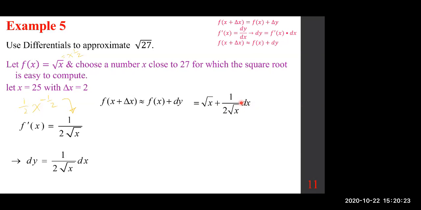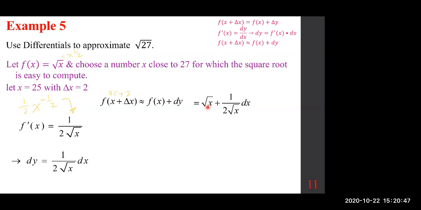Again, remember, and I can write it at the top here if you want, this is 25, everybody, plus 2. If it's negative, such as the square root of 24, you would write 24 plus negative 1. So pay attention to the sign of delta x.